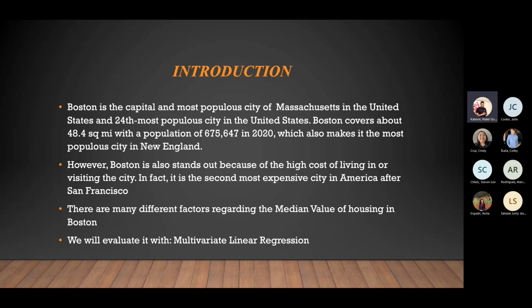Boston also stands out because of the high cost of living in or visiting the city. In fact, it's the second most expensive city in America after San Francisco. I've been there and yeah, it's really expensive.